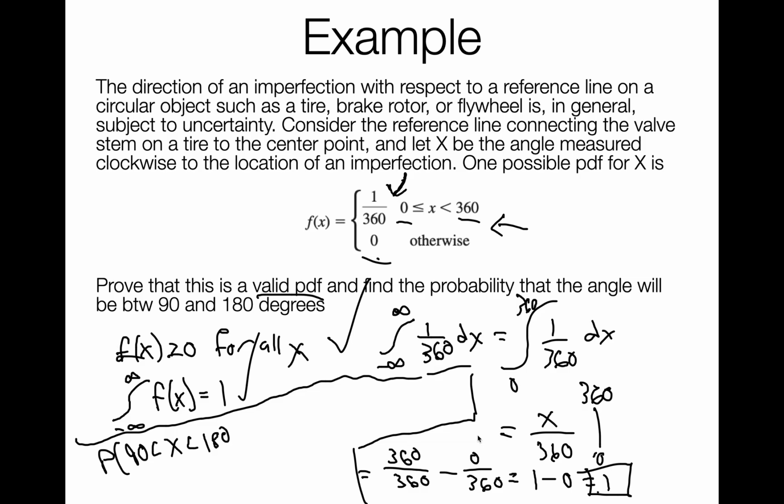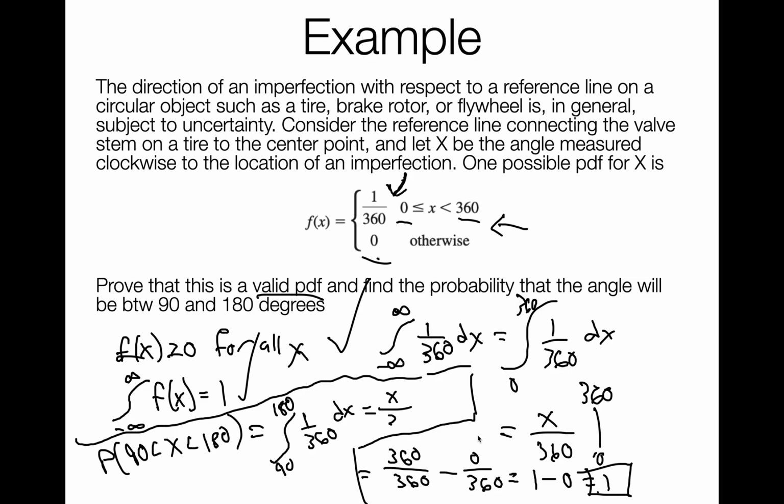Okay, between 90 and 180, again, it doesn't matter what the inequality signs say. And so now we take the integral from a to b, so the integral from 90 to 180 of 1 over 360 dx. You need to solve that integral. Again, definite integral. We take the antiderivative.